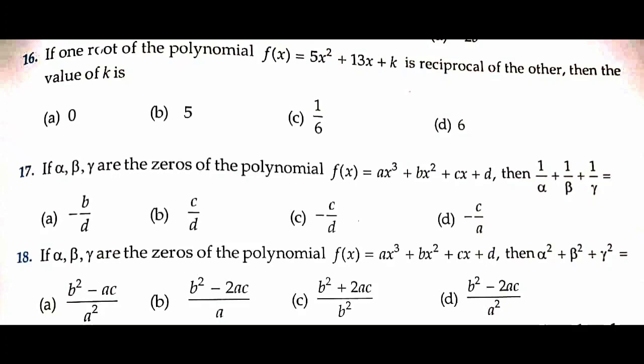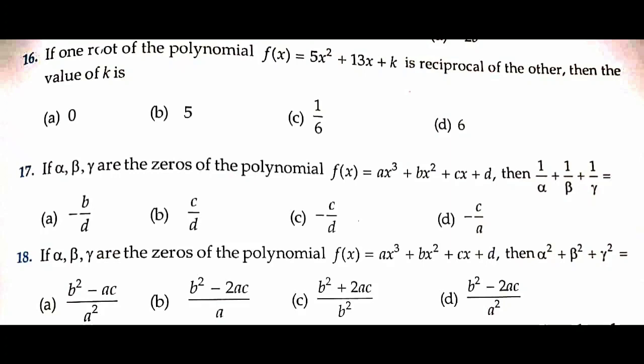Now the next question: if alpha, beta and gamma are the zeros of the polynomial f(x) = ax³ + bx² + cx + d, then find 1/alpha + 1/beta + 1/gamma. If we simplify this, after taking the LCM of the denominator, we will have alpha into beta into gamma, and in the numerator we will have alpha beta + beta gamma + gamma alpha.